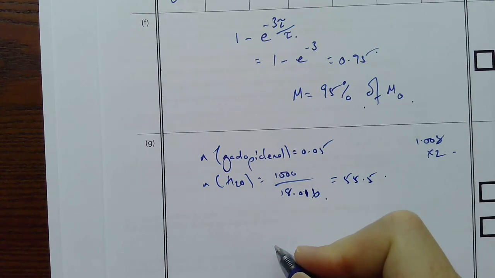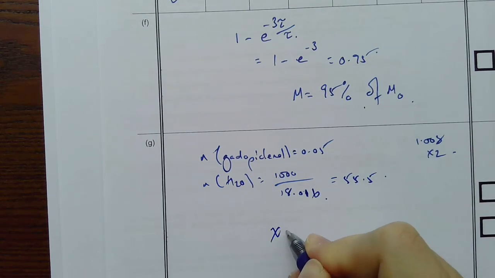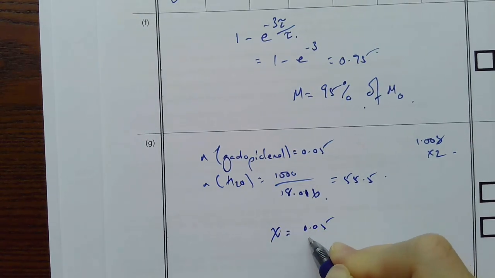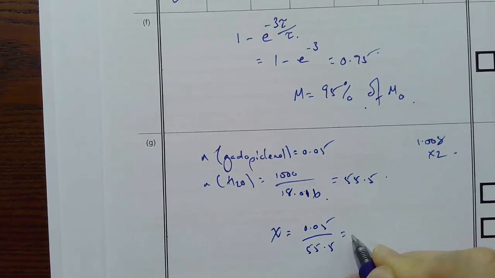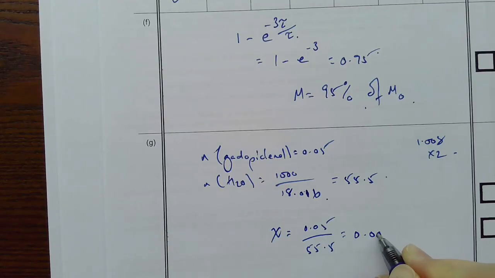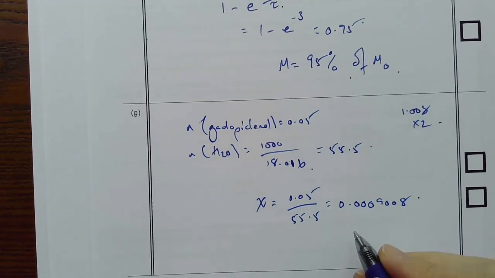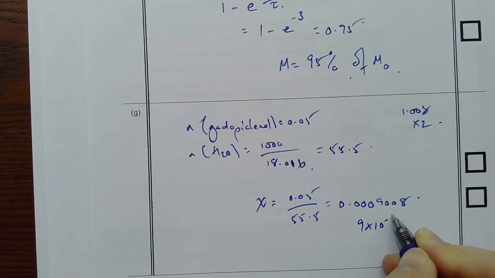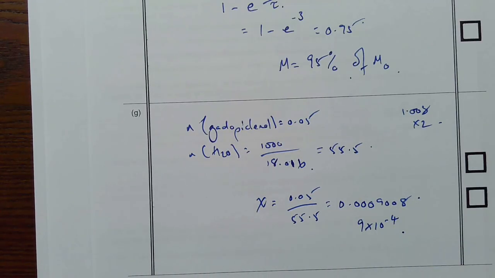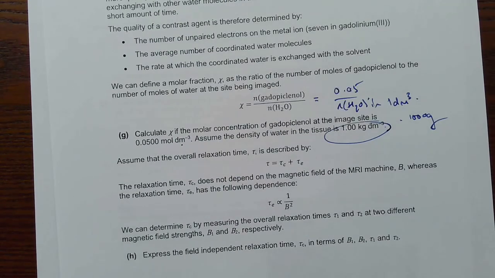So then chi is going to be 0.05 divided by 55.5 to give me 0.0009008, or 9 times 10 to the minus 4. So it's a mole fraction, which means there's no units, so that is our answer. Okay.